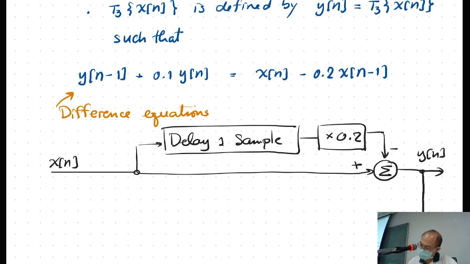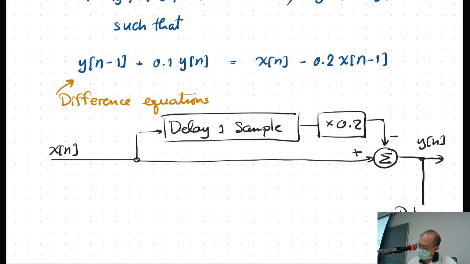And then you'd have to delay one sample, and then add, or subtract. You have an input signal coming in, the discrete time signal, of course. This one is here, x[n] is waiting right here.